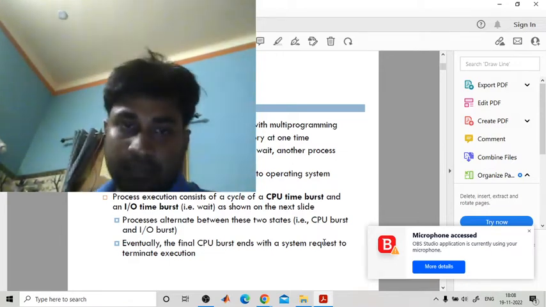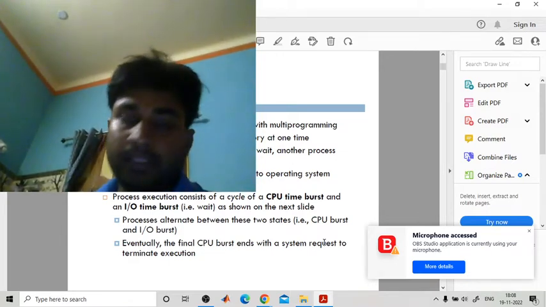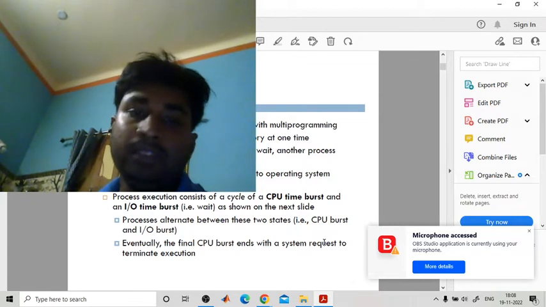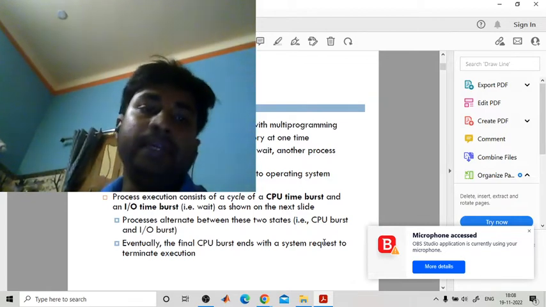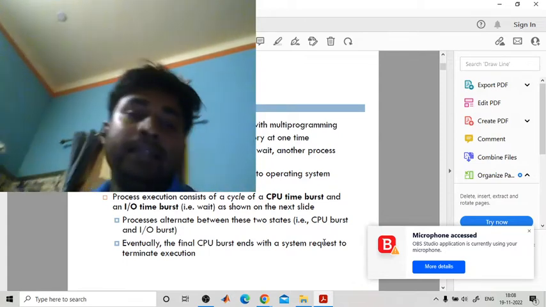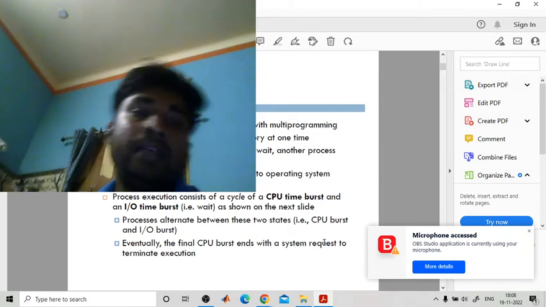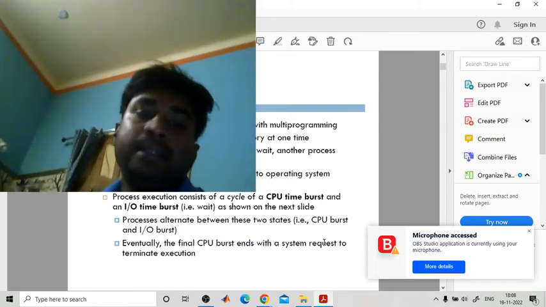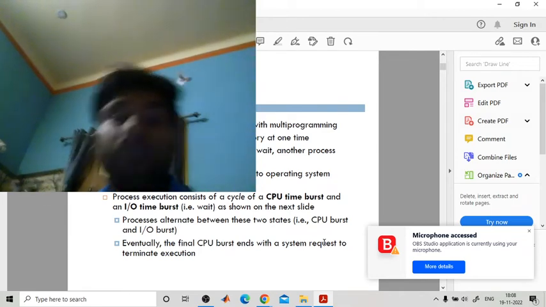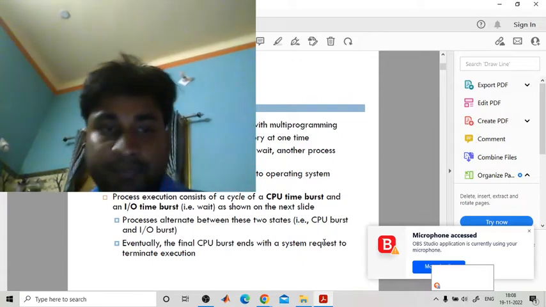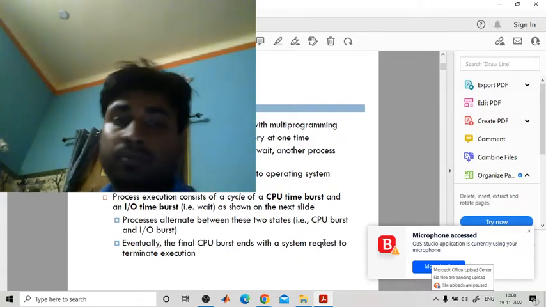Now several processes are there in the memory, stored there, and the CPU will take the processes from the memory and execute them one by one. Every time a process is in the running state, if the process is going to take input or provide some output, at that time it has to wait.